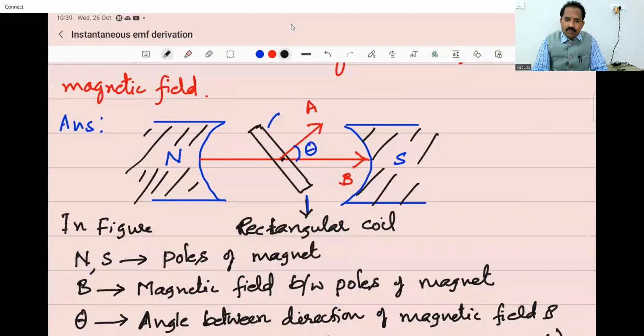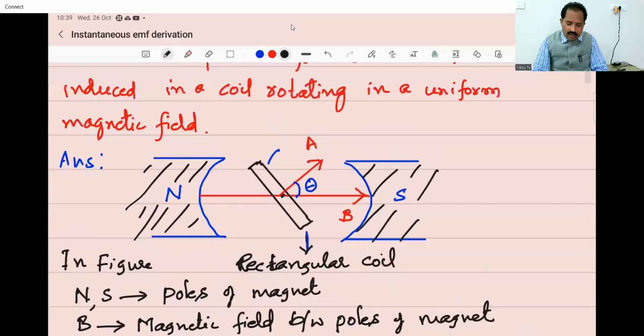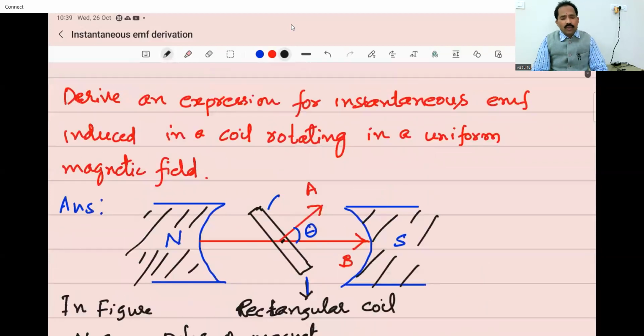Fine, so this is a derivation that is normally asked in the PU board exams. Hope you understood this derivation. It may be for 5 marks.